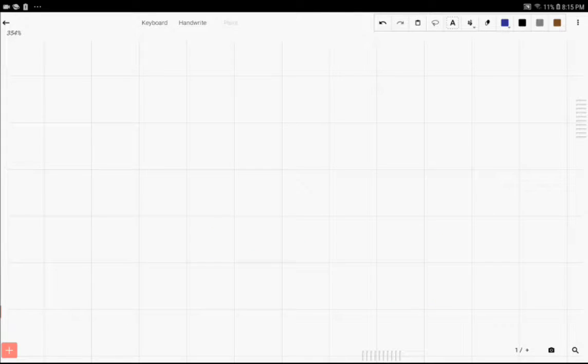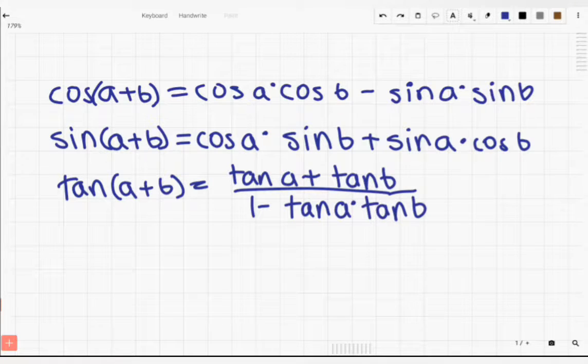Now the first trigonometric identities that I'm going to go over, and they're pretty well known and used a lot, are the cosine, sine, and tangent sum formulas. Okay, so here are the three sum identities for each of cosine, sine, and tangent.